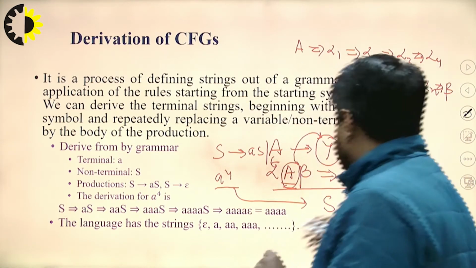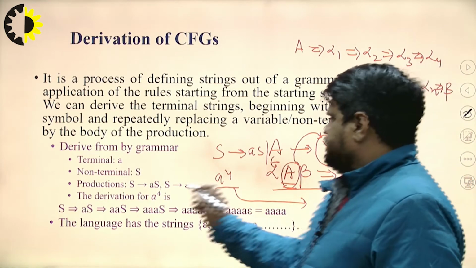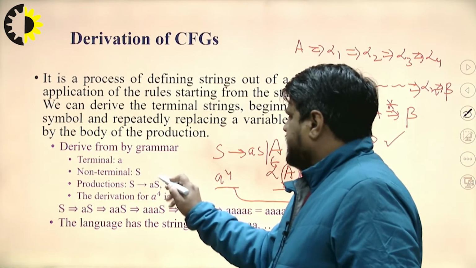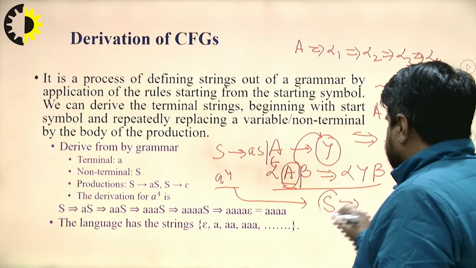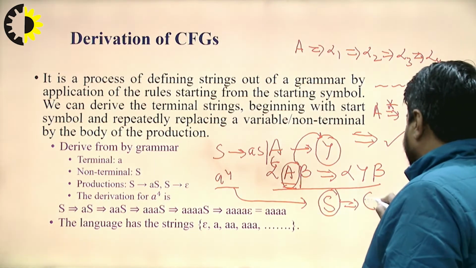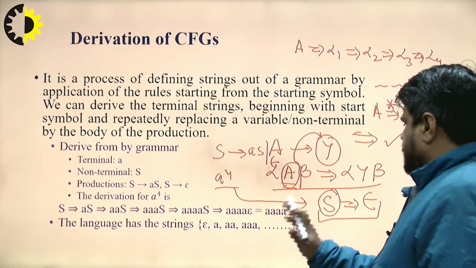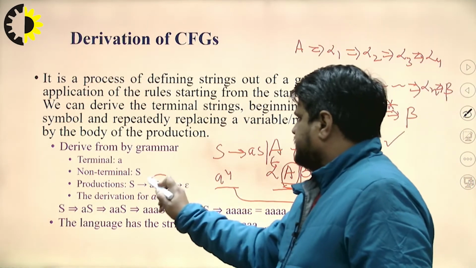The productions corresponding to S are S tends to AS and S tends to epsilon. If we replace S by epsilon, we get epsilon, which is not the required string, so we further extend it using the other production.